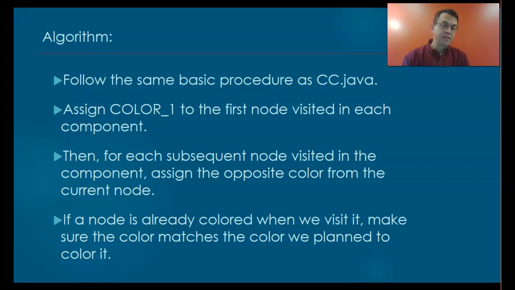Each time we visit a node, if it is already colored, we're just going to make sure that the color it already has matches what we expected it to be. So if it was previously colored red, when we reach it from a different direction, we want to still make sure it should be red and that this direction doesn't think it should be blue.